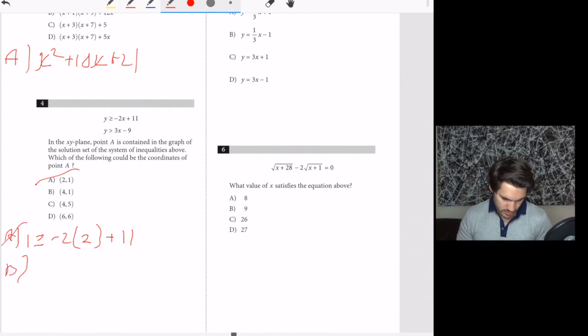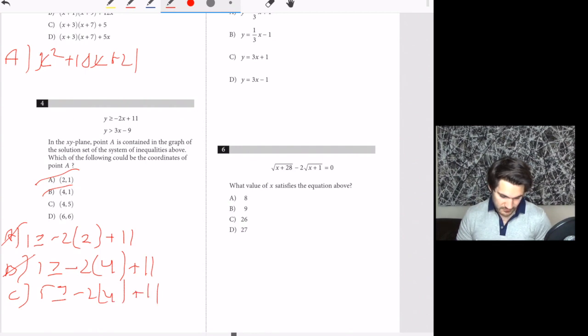Let's try out B, (4, 1). So 1 has to be greater than or equal to negative 2 times 4 plus 11. So is 1 greater than or equal to 3? Nope. Gone. Let's try out answer choice C. 5 has to be greater than or equal to negative 2 times 4 plus 11.